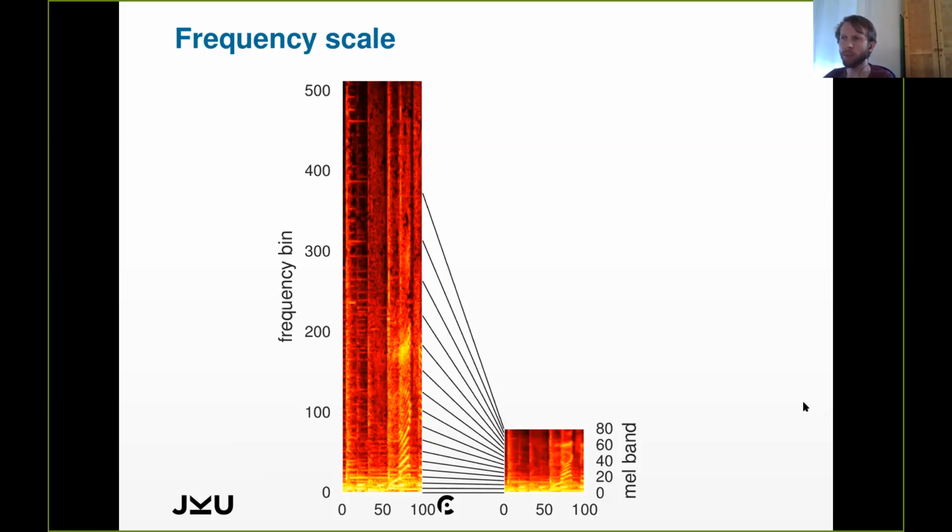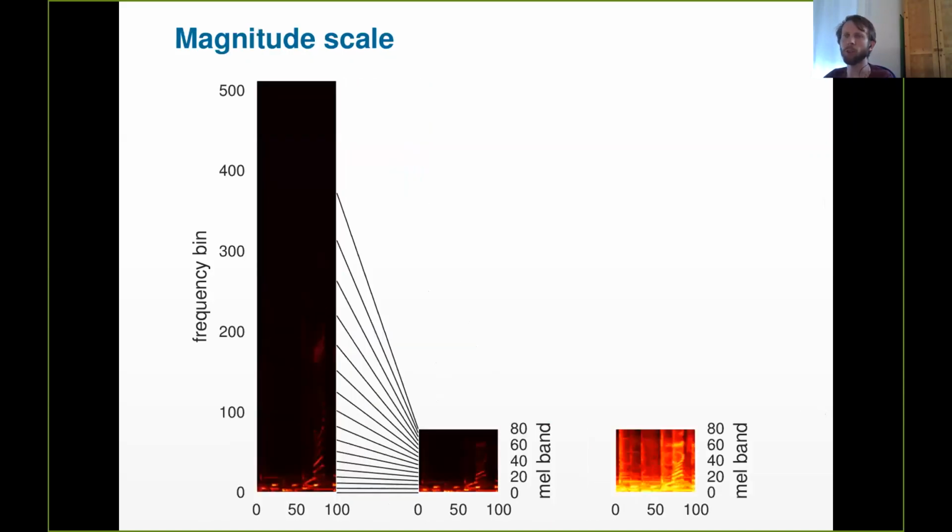And there's another thing that I did that I didn't show now, which is changing the magnitude scale. Actually, if you would look at the original spectrogram, it would look like this. So it's a lot of very low values and a very few larger values.